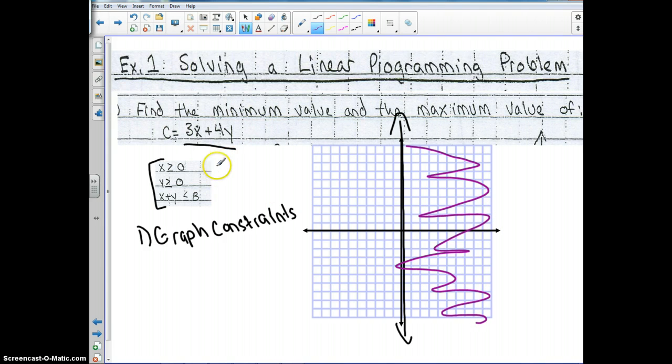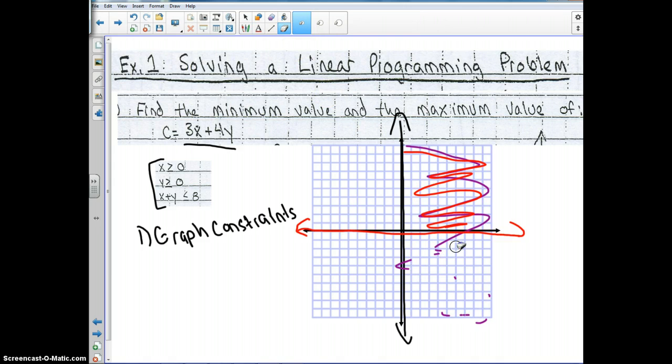Now I want to graph my second line, which is y is greater than or equal to 0. My solutions are going to be up here, and the intersection is right here. So this is my possible solution area. I don't have to worry about down here at all. In theory, I could get rid of this because I know my solutions are going to be in quadrant 1.